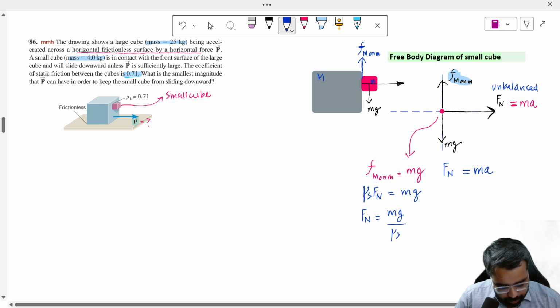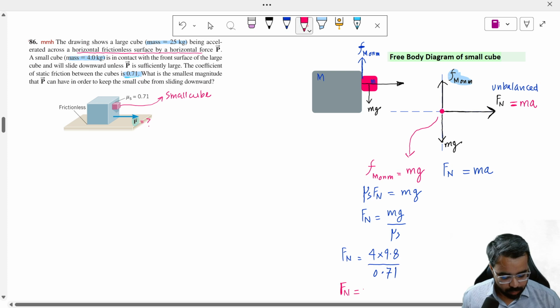So the value is 4 times 9.8 divided by 0.71. So students, the push of the larger cube on the smaller cube is 55.21 newtons rightward, and this is causing the acceleration, which is equal to ma.